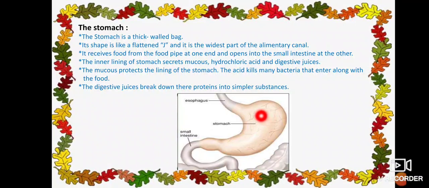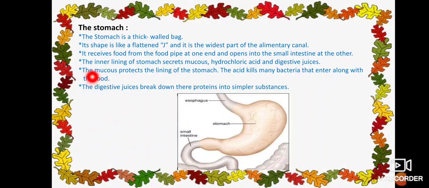In the way of digestion of food, it is the widest part. Means it has the highest area, a wide area for the food to digest. See here, the esophagus is a somewhat narrow tube-like structure. The intestines are also tube-like structures. But the stomach is the widest part of the alimentary canal.